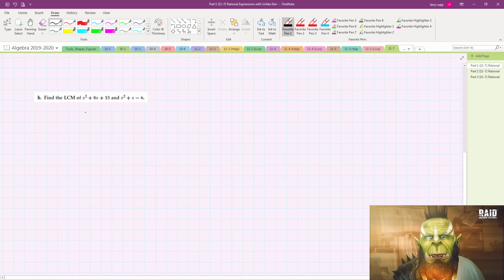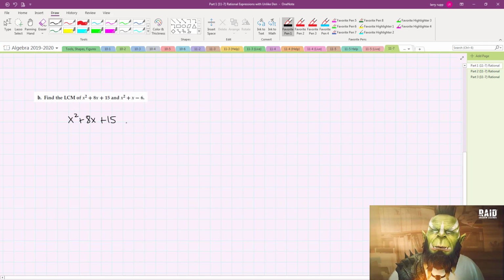Well, it's actually not that much more difficult. Here's the first polynomial, x squared plus 8x plus 15. As it stands in that form, there's nothing you can do with this. So what do you do to a quadratic almost every time you encounter one? You factor it!